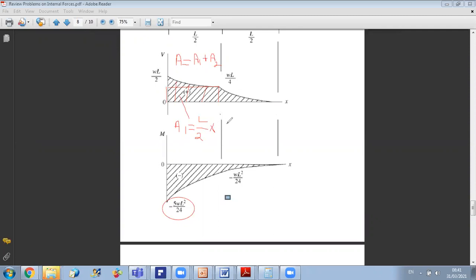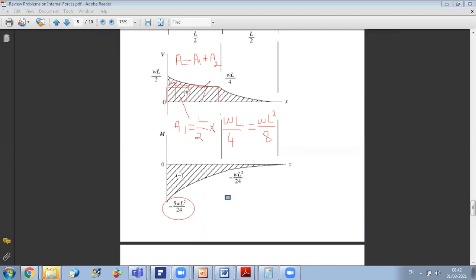So times omega L over 4. So A1 is omega L square over 8. Okay. Now, concerning A2, A2 is this area for this part here. Okay, this part. This is A2.